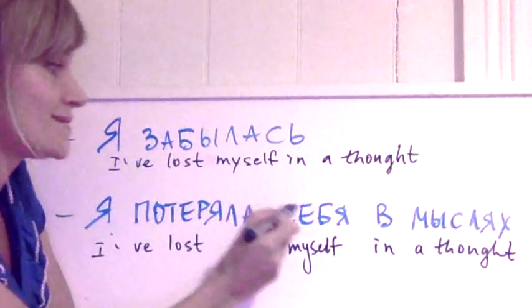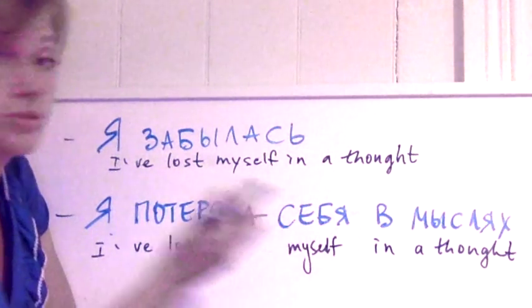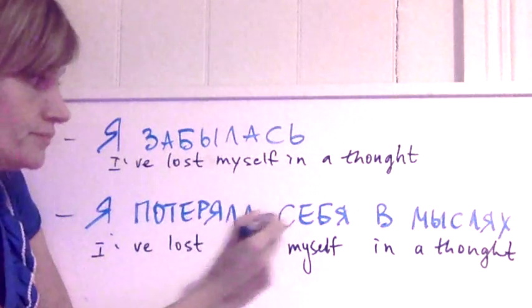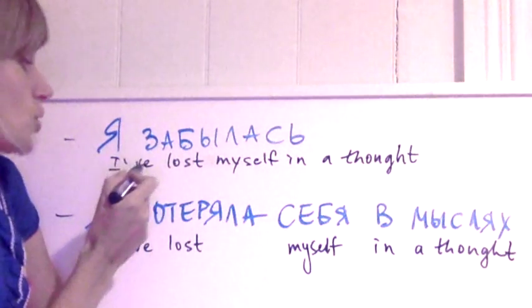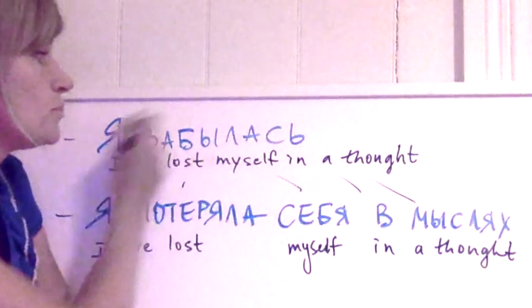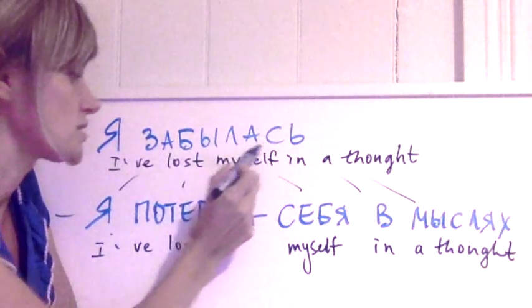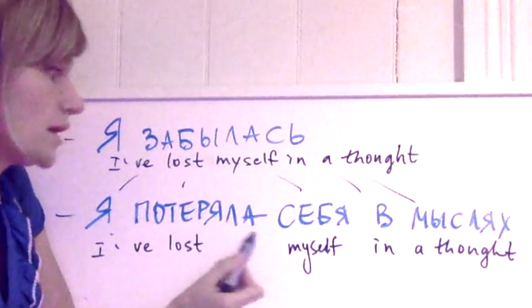Я потеряла себя, myself, в мыслях. I've lost myself in a thought. Literally. And this one, it only implies all of that. You can't see literal translation. It's kind of in between the lines.